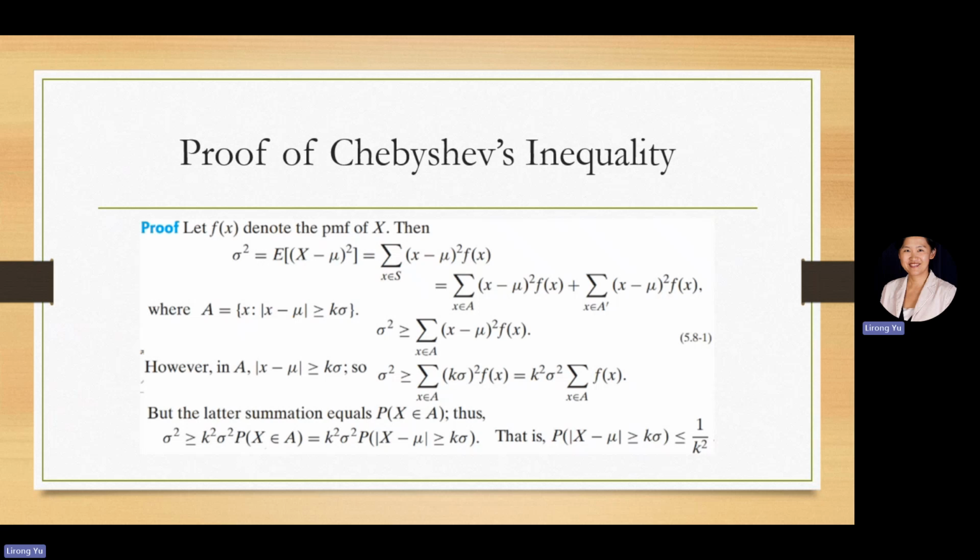So naturally, if you skip one of them, let's say we don't calculate this, that's positive, that's positive. If you get rid of this part, you're making this smaller. So we know that the summation of the two is bigger than when you have only one. So we know the variance is bigger than the summation only taking over all the x values in A. I hope that kind of makes sense.